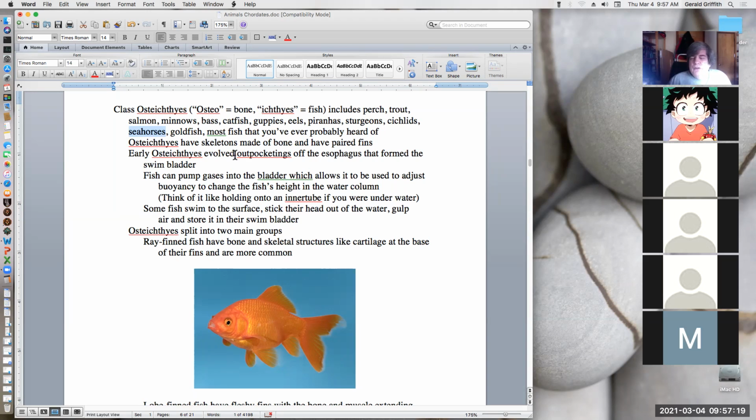Now, some of the early groups of Osteichthyes evolved some outpocketings off the esophagus. And what I mean by that is a little pouch that comes off the esophagus. And this is what forms that swim bladder that we were talking about that sharks don't have.